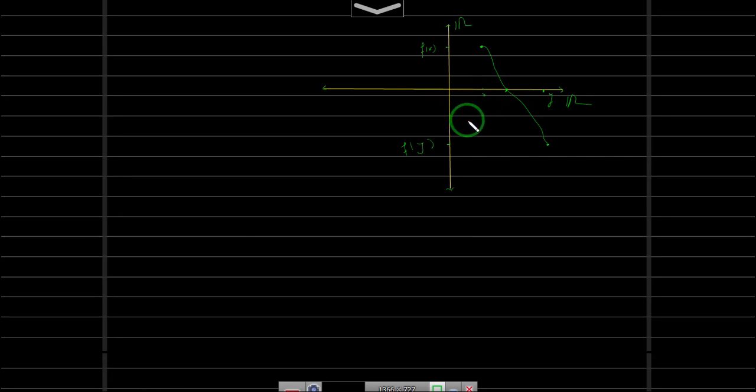So always remember that if there are 2 points such that f(x) times f(y) is negative, that is one of them is negative, then there is a point in the domain which is mapped to 0. Okay, so let's take that as an example.